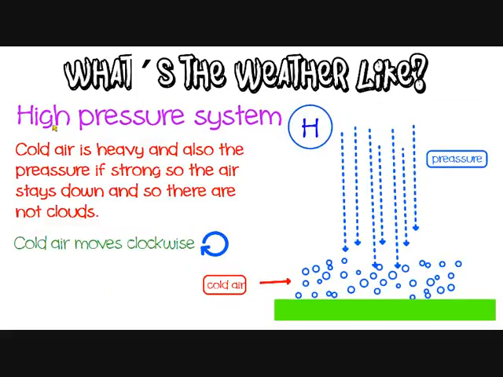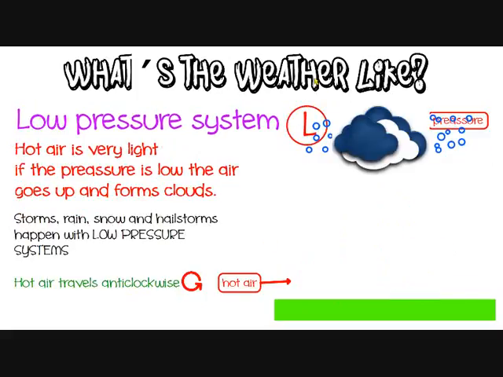Let's see how it works. The other pressure system, the high pressure system, is represented by a blue H. Why is it blue? Because it's cold air. Cold is blue, and hot air is red.